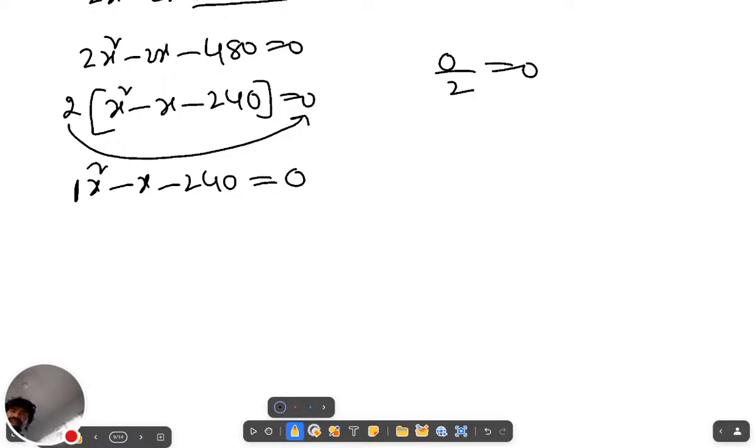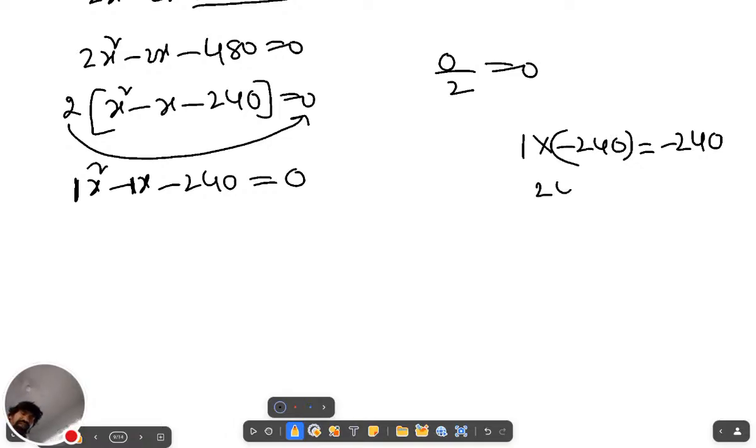Now let us factorize this quadratic equation. The coefficient of x squared is 1 and the constant term is minus 240. So 1 into minus 240 is minus 240. We need factors of 240 such that their product is minus 240 and their sum is the middle term, minus 1.